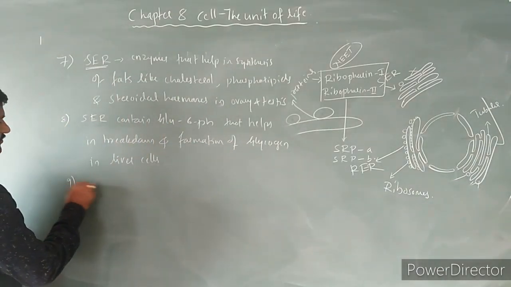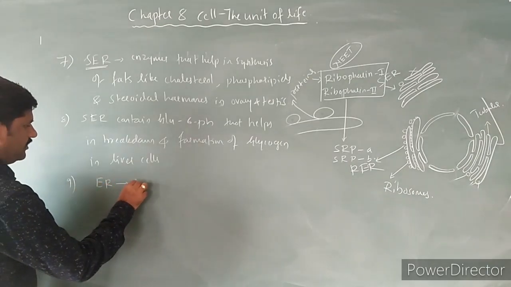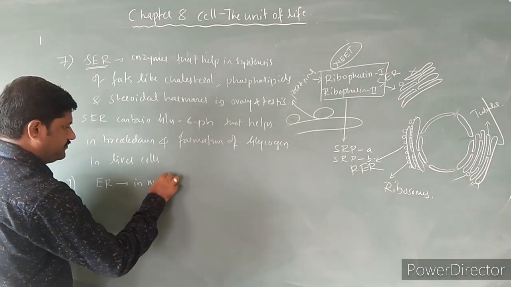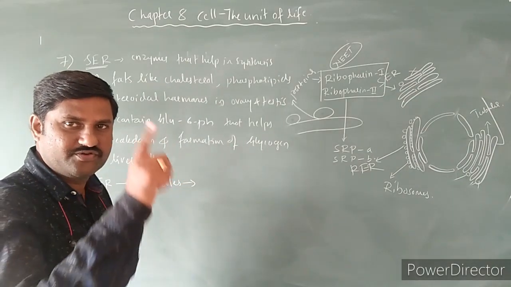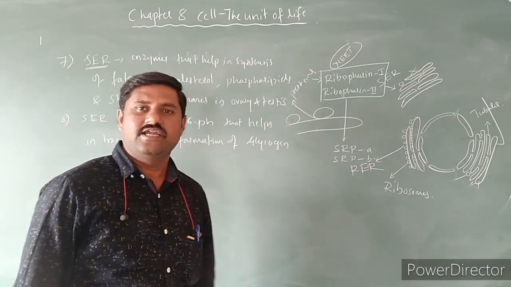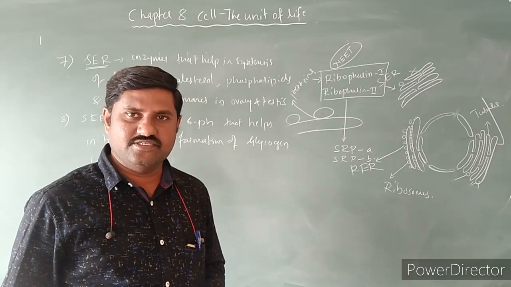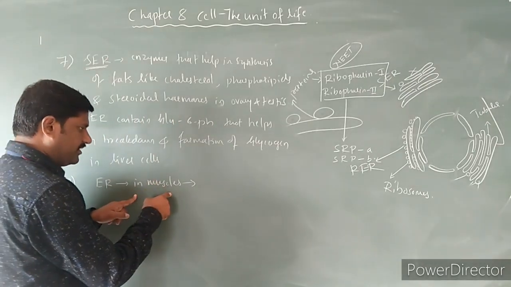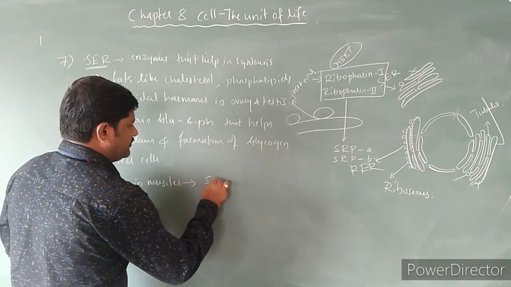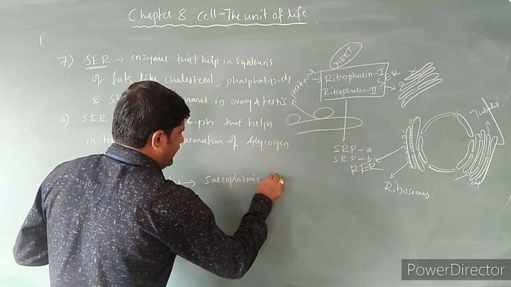And very important one here, muscles. What is it called in muscles? Already I have told you whenever we were discussing different types of muscles, cardiac muscles, skeletal muscles, smooth muscles, like this. In muscles, it is called as sarcoplasmic reticulum.